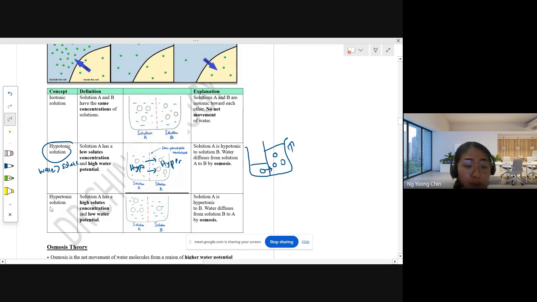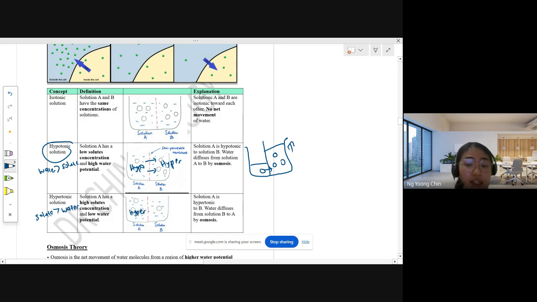Then how about the hypertonic solution? Hypertonic solutions mean that the solution itself contains more solute compared to the water. So more solute than water. When you look at solutions A and B, you know that solution A has the higher solute than solution B. So solution A is classified as hypertonic.